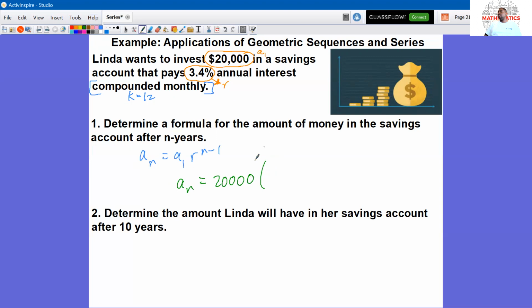Now we got to be careful here. Okay. 1 plus. Okay. We got 1 plus 0.034 over 12 to the power of N minus 1. Okay. And I would probably leave it like that.